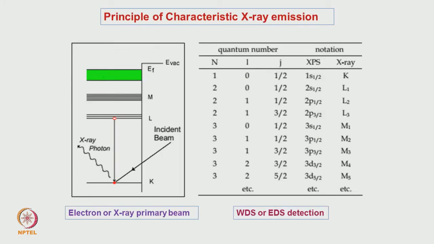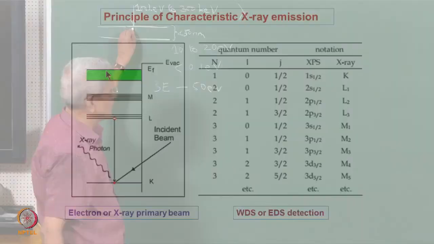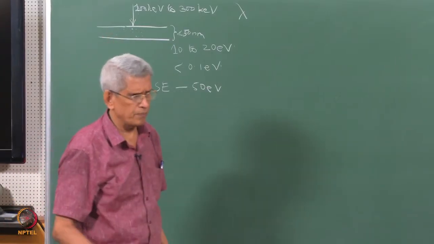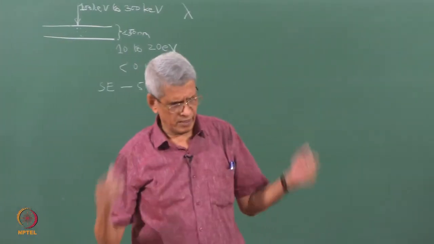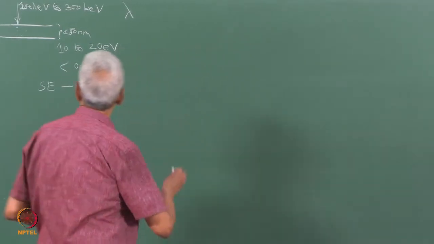Now, let us look at the sort of interaction which takes place when an electron enters the sample. When the primary beam enters the sample, since it has a very high energy, it can penetrate.